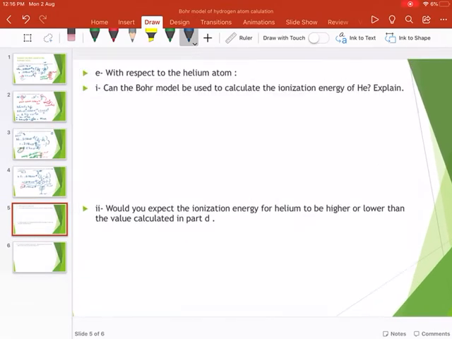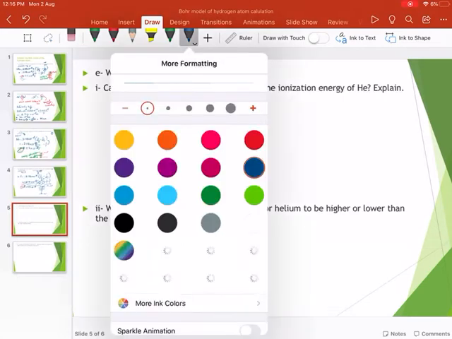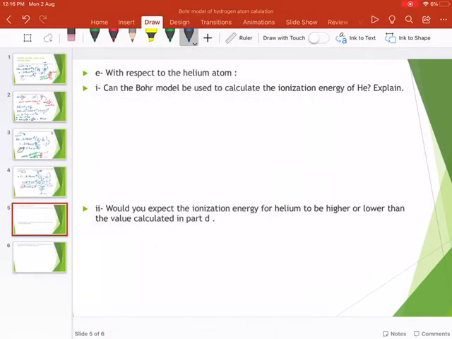Now let us see what will happen if I'm talking about the helium atom. The first question: can the Bohr model be used to calculate the ionization energy of helium? When we studied the Bohr model before, we know that the Bohr model gives the energy for the hydrogen atom or hydrogen-like atoms, that have 1 electron.